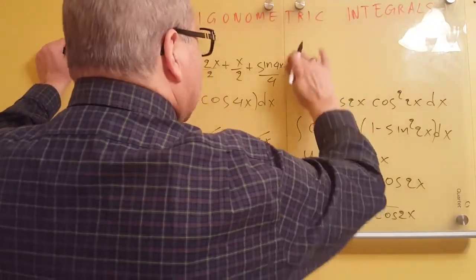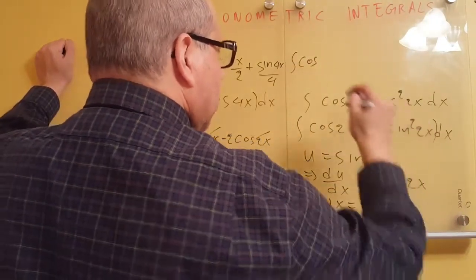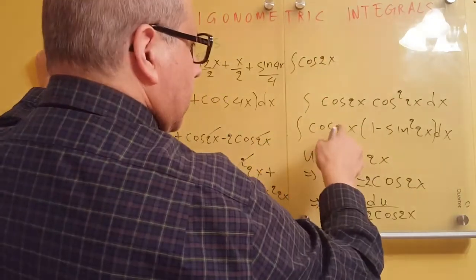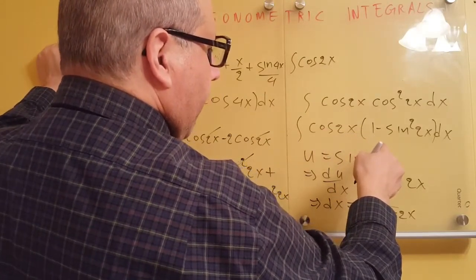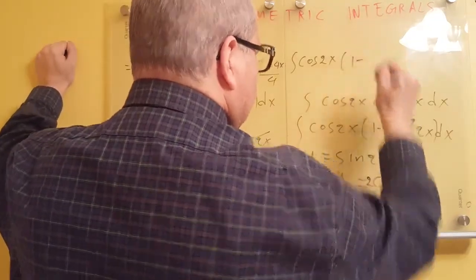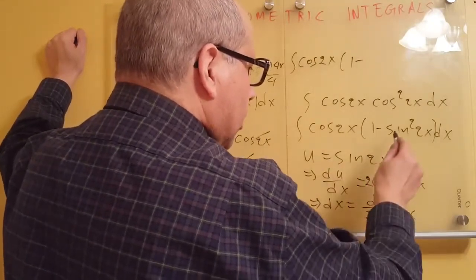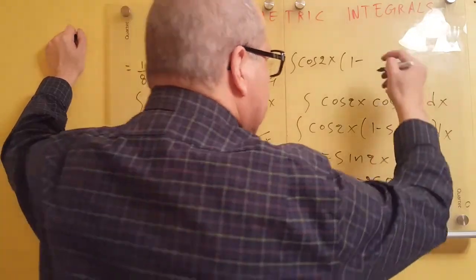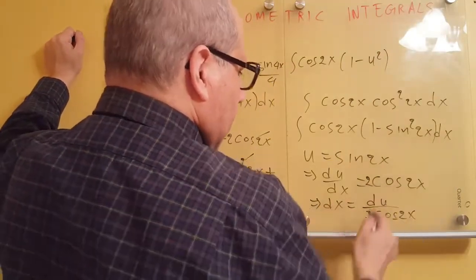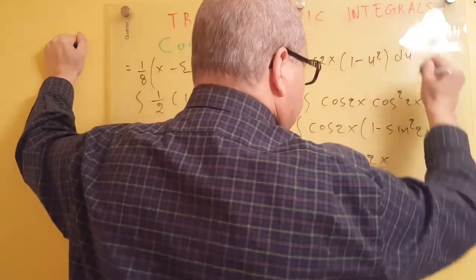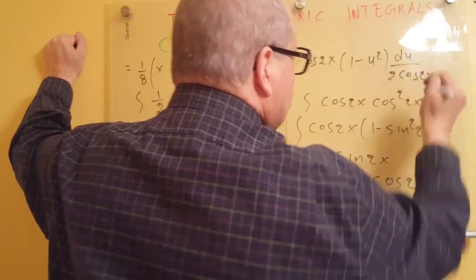I have the integral of cos 2x times 1 minus, so I said that I substitute u equal with sine 2x, so I can write this here as 1 minus u squared, and instead of dx I can substitute this here, so it will be du over 2 cos 2x.